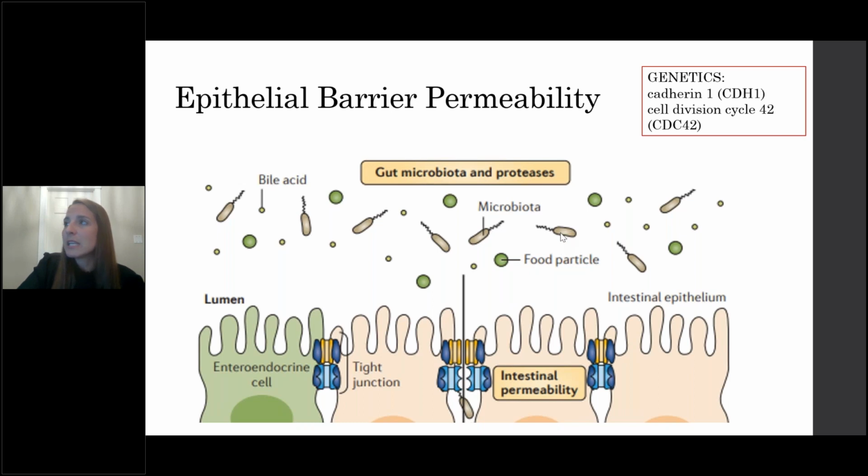But this is where you can see that maybe genetics is increasing that intestinal permeability. Some of the basic science data has pointed to CDH1 and CDC42 as being two mutations that are contributing to an increase in the intestinal permeability that might be allowing those microbes to come into contact with our immune system.